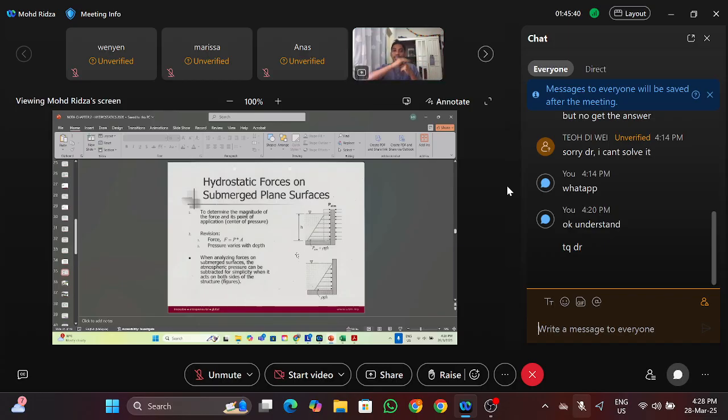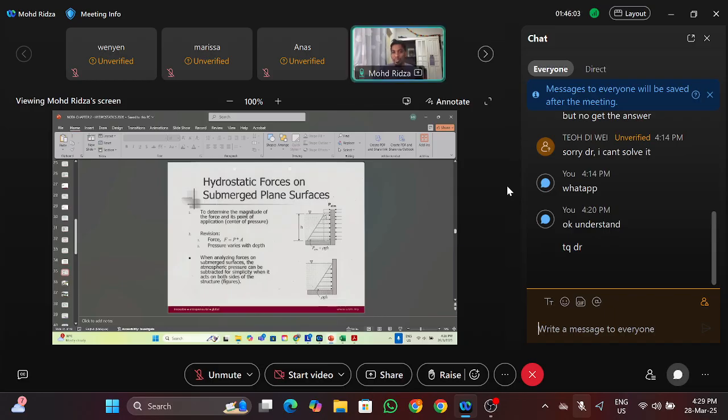And the second one is the important one, which is the hydrostatic force. If you look at the diagram here, this one is a dam. You can assume it to be a wall dam. And the gray hatch here is liquid water.